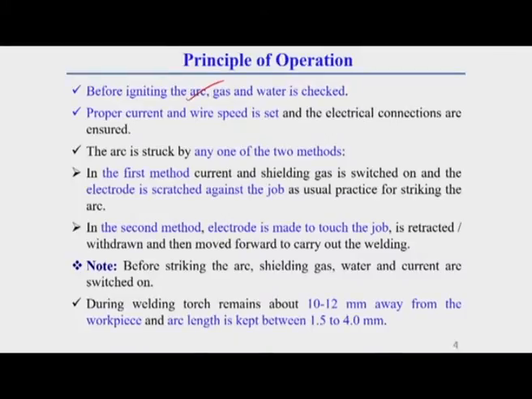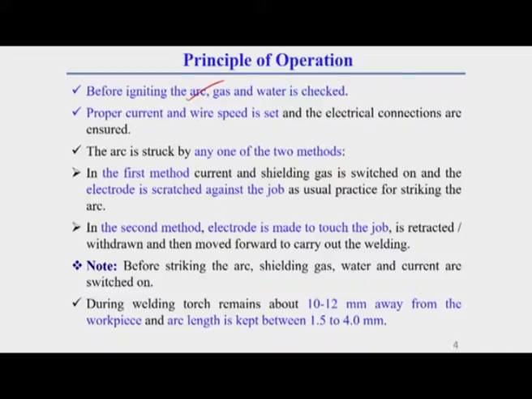So, the arc can be struck by two different methods in this welding process. I have already discussed that different types of techniques are generally used to initiate the arc in different arc welding processes. Here, in the first method, the current and shielding gas are first switched on.